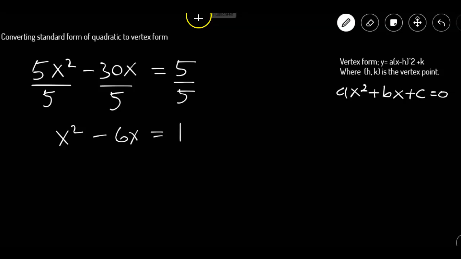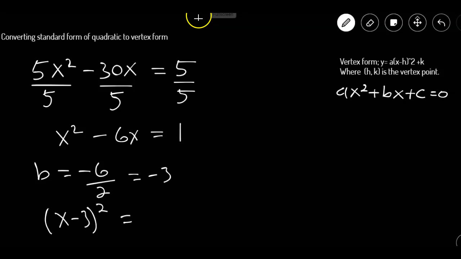So here we take our b, which is negative 6. We divide it by 2, which is negative 3, and that's the number that comes here. A repeated trinomial, a double square here. We square the b divided by 2, and we get 9.